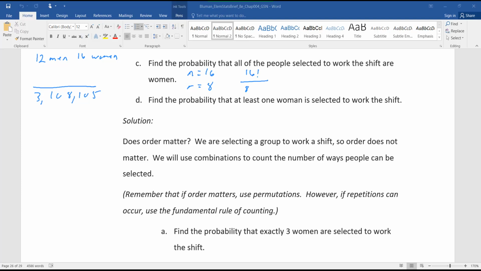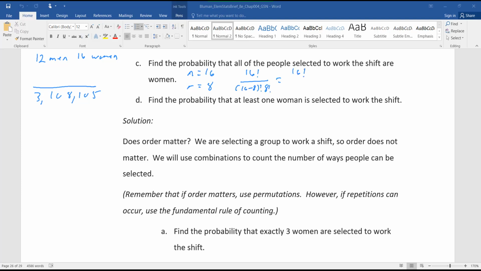I don't know. I doubt it because there's more women to choose from. It's more rare to have more men because there's. Oh, you're talking about like the people in the group being chosen? Yeah. This will be more because we have more women. All right, so this right here is 16 minus 8 factorial times 8 factorial.